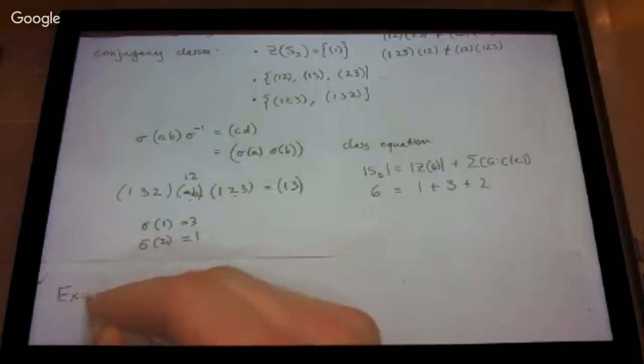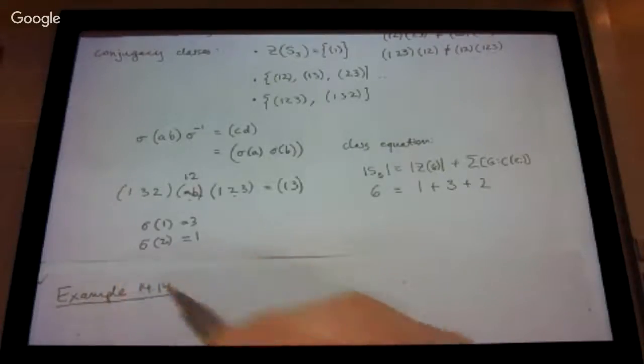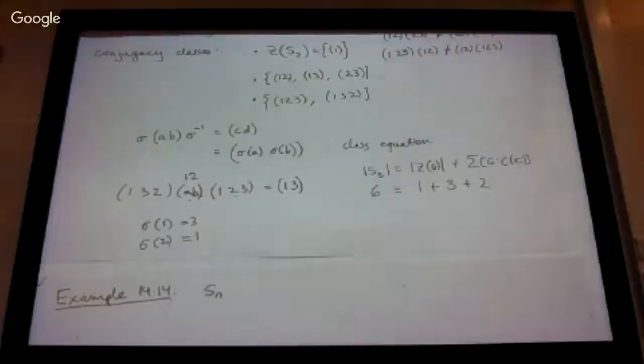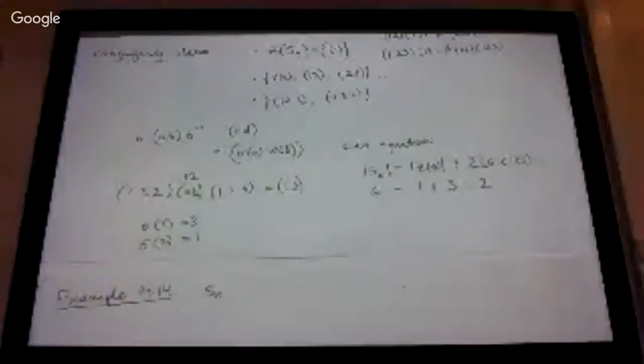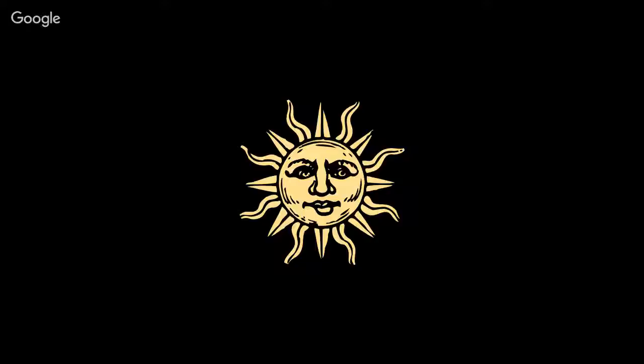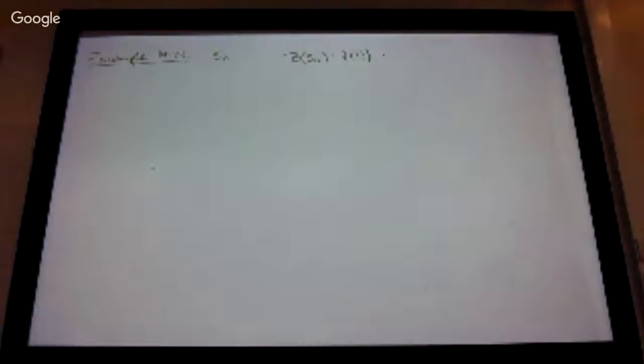How about example 14? The thing is just the identity. Oh, it's theorem 6.16 apparently.